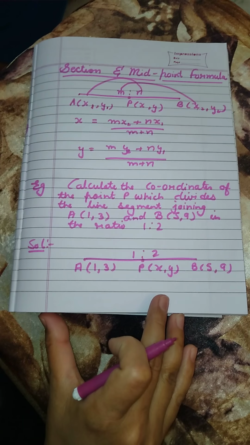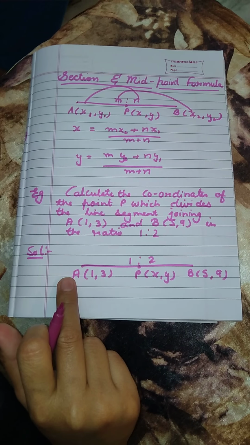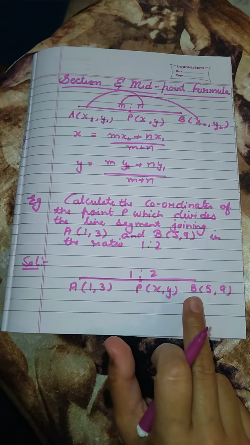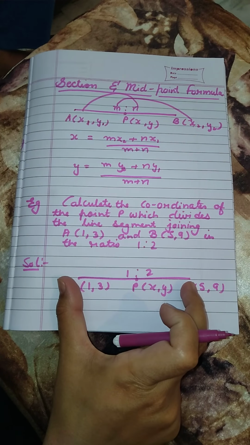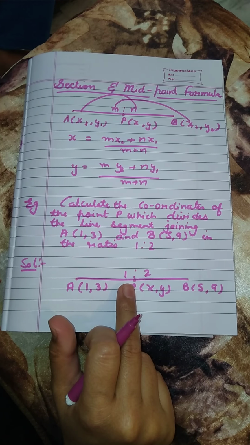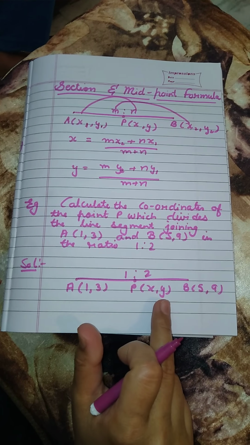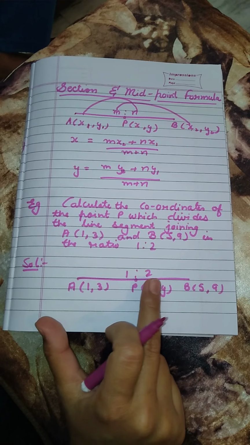So if I visualize, it becomes like this. Point A has coordinates 1, 3, point B has coordinates 5, 9, and this line segment AB is divided by the point P. I have taken the coordinates to be x, y in the ratio 1:2.